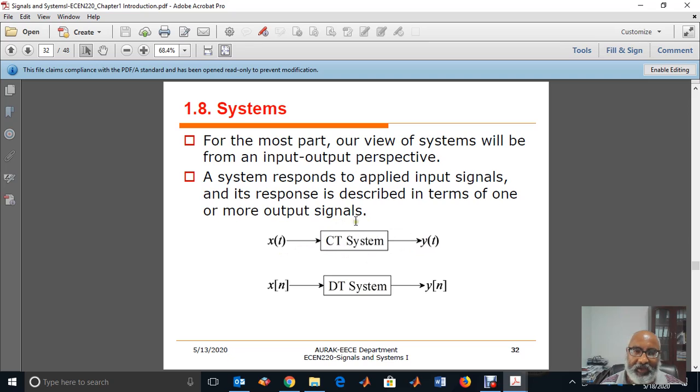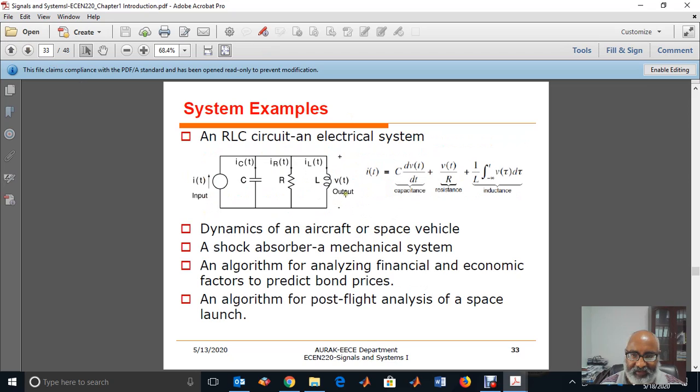A system can be, for example, an electrical system, mechanical system, control system, industrial system, any industrial process which has an input and an output, and many other systems. For example, in this example, we have an electric circuit with a capacitor, resistor, and inductor connected in parallel, with an input current i of t and an output voltage v of t.